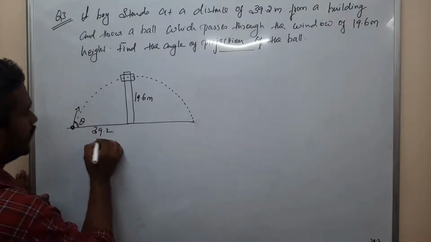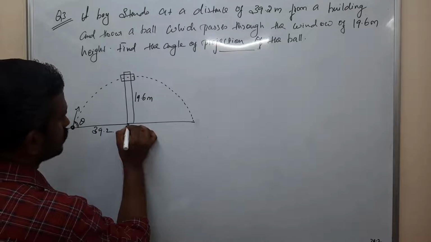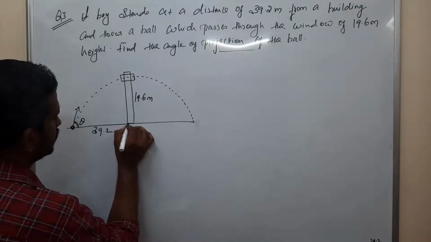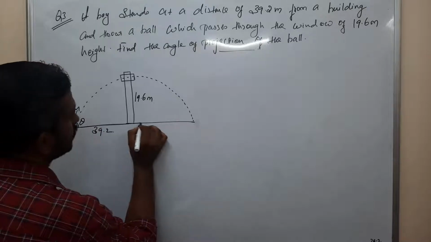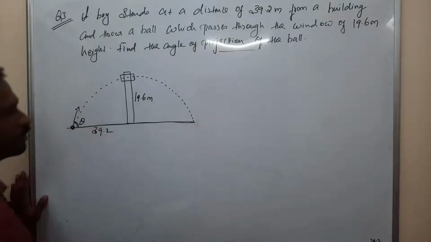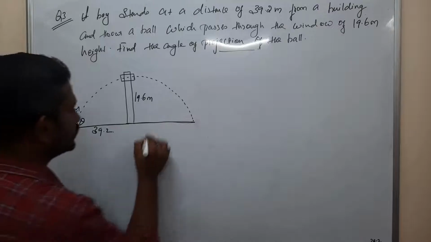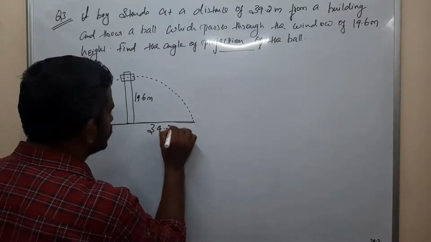So from the building the distance of the boy is 39.2 meter, and again this much distance on the other side is also 39.2 meter.